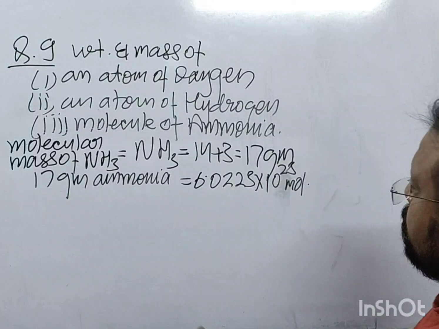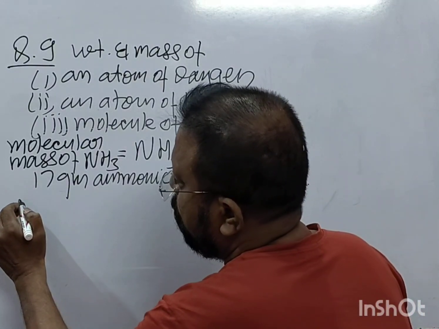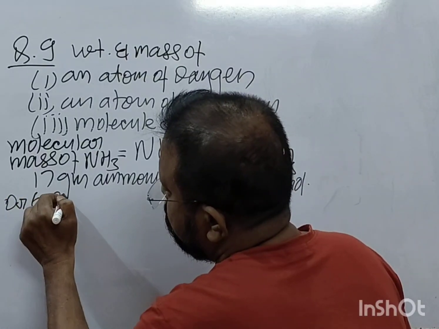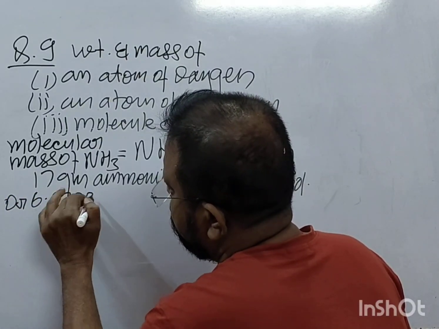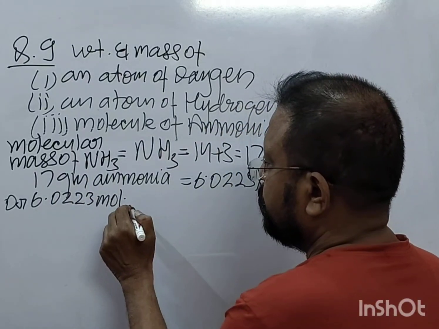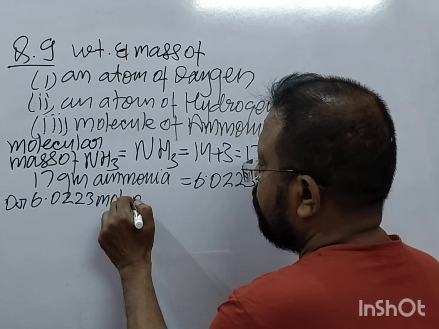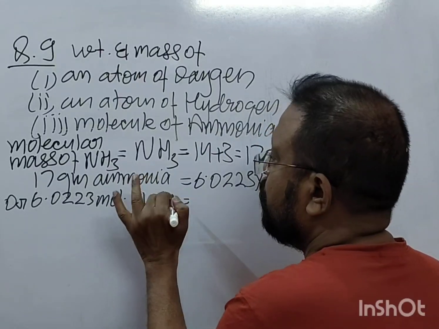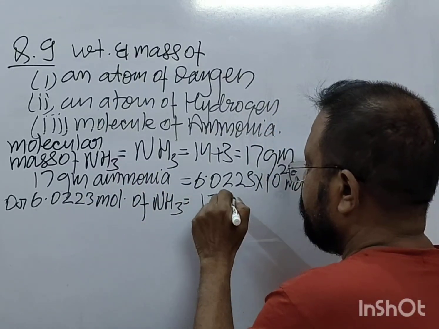Right? So, or we can write 6.0223 into 10 to the power 23 molecules of ammonia is equal to 17 gram.